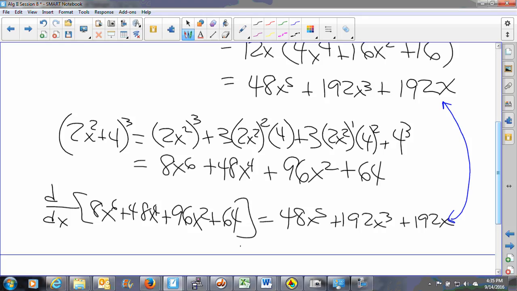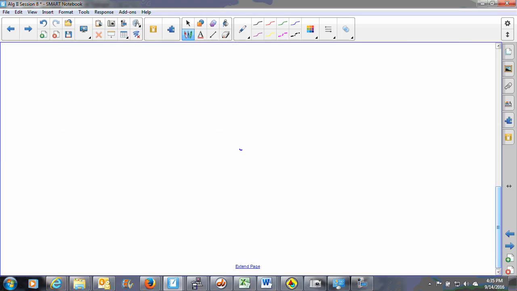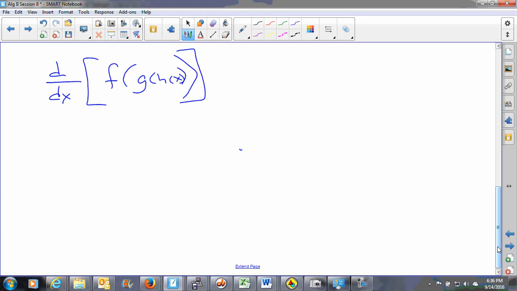Now the chain rule needs to be followed through. It turns out that, if you want to take the derivative with respect to x of f of g of h of x, you have to follow this through.